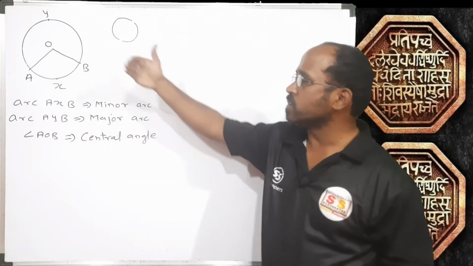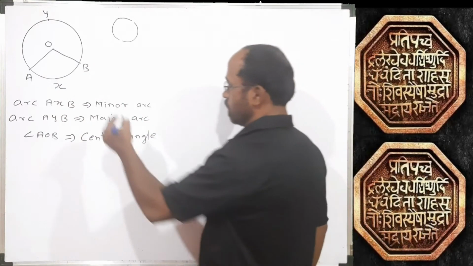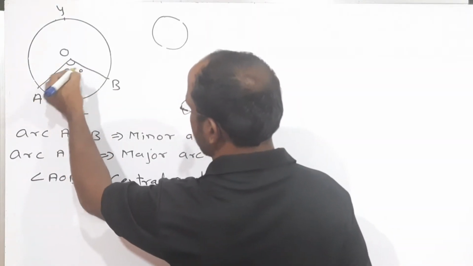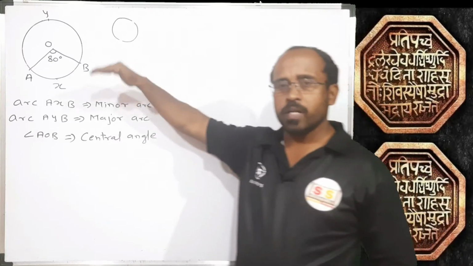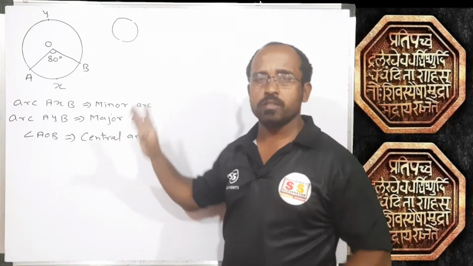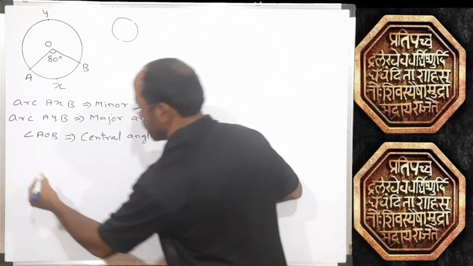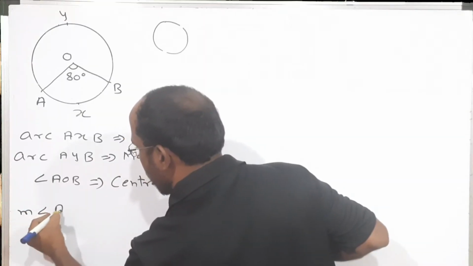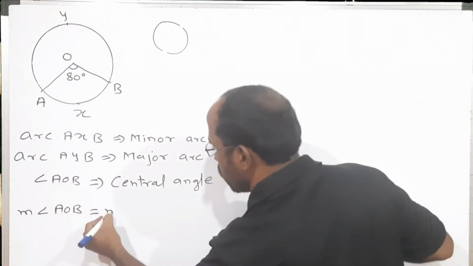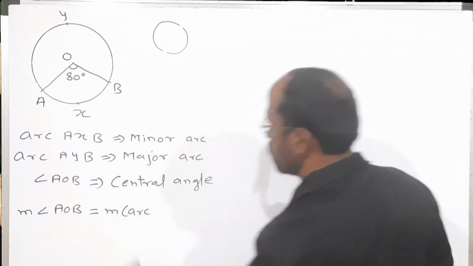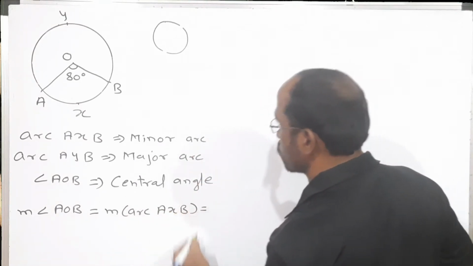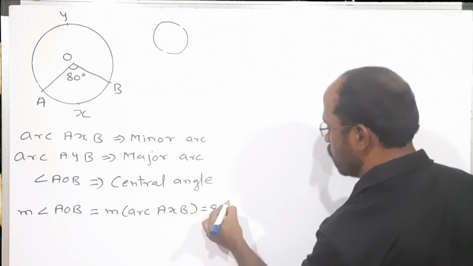And whatever is the measurement of this central angle, suppose this angle is of 80 degree, that is equal to the measurement of this minor arc. Therefore, we can say measurement of angle AOB is equal to measurement of arc AXB, which equals 80 degree.